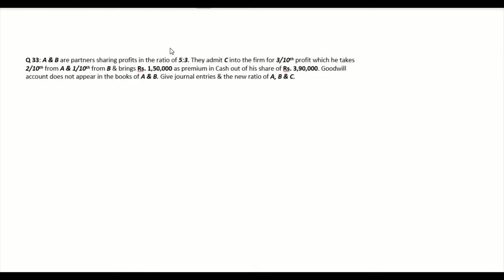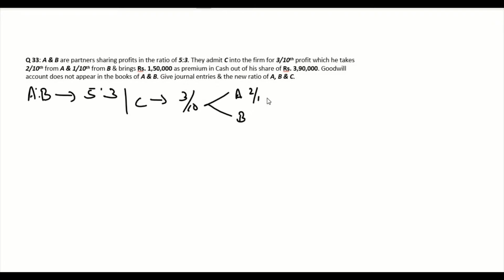Okay, so in this question we have two partners, A and B, and their profit sharing ratio is 5:3. They admitted a new partner, C, for 3/10 share of profit, which he is acquiring from A and B. From A he is getting 2/10 and from B he is getting 1/10.